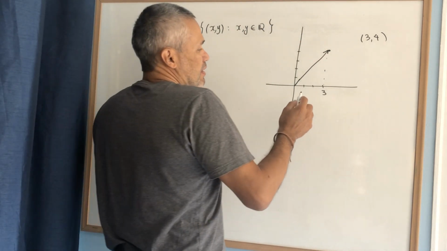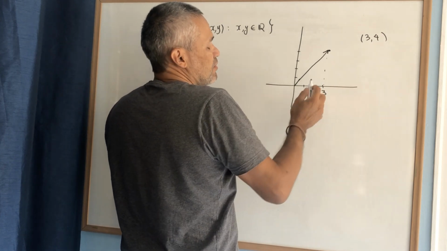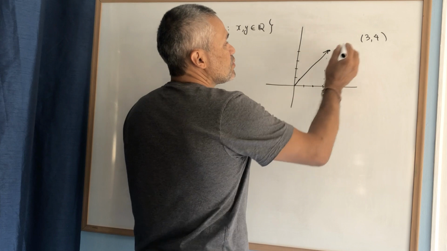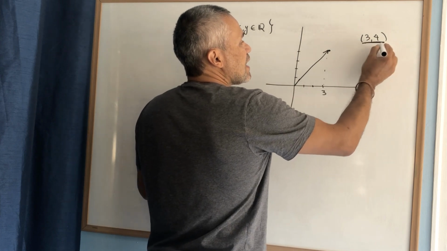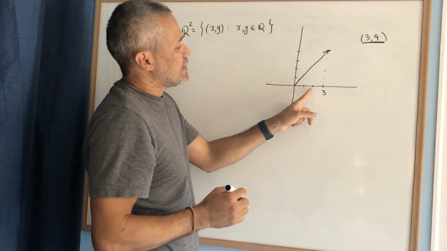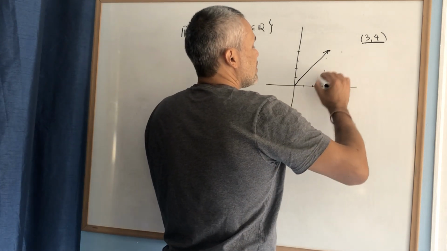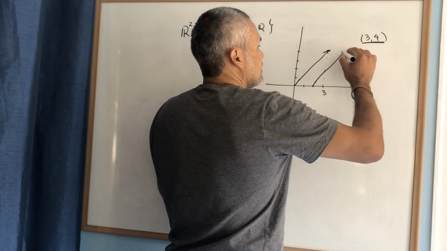Or we can think of this vector as a vector that starts at any other point. For example, if we want to draw this as a vector starting at (2, 0), then the vector would be something like this.